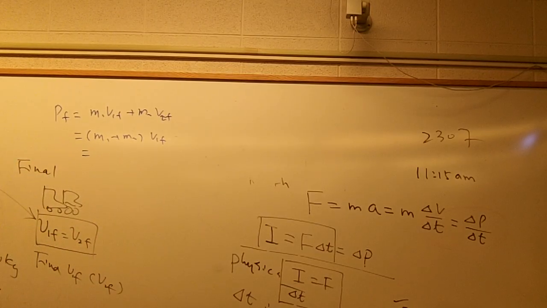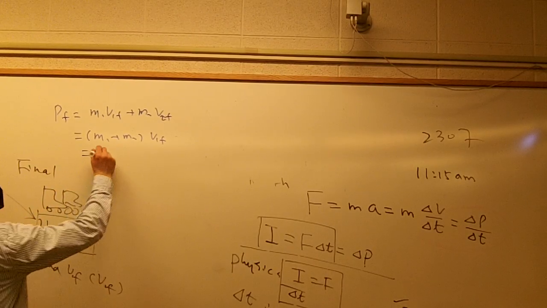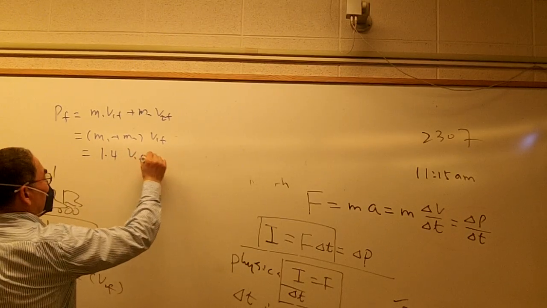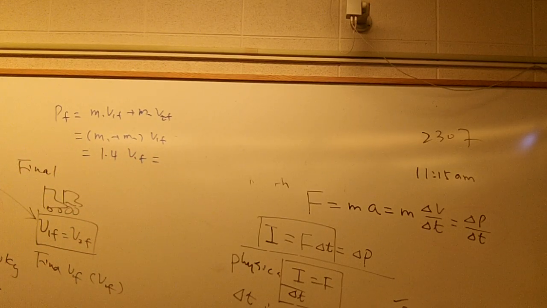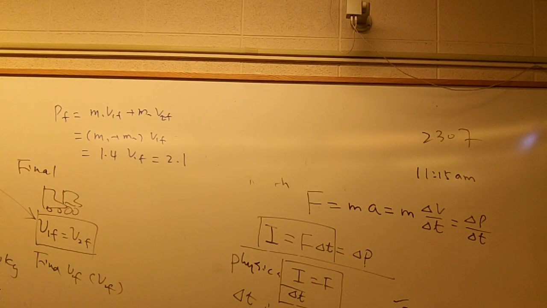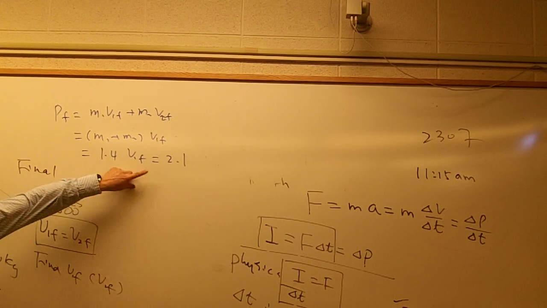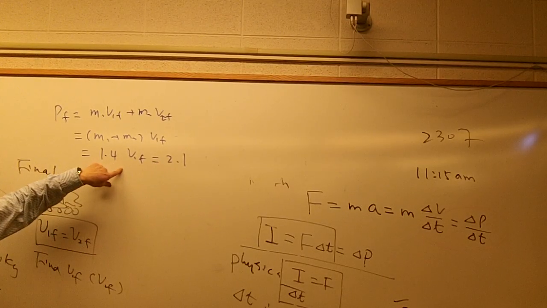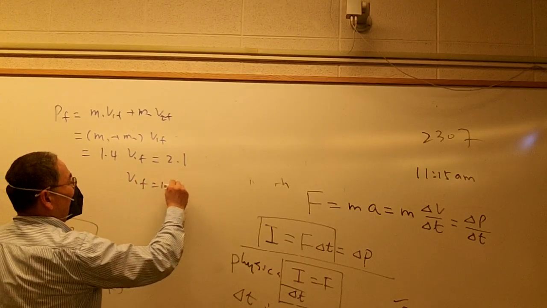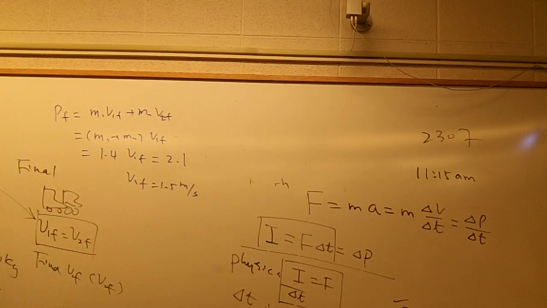Now these two masses are exactly the same, so 0.7 plus 0.7, I got 1.4, times V1f. This whole calculation equals 2.1. Folks, could you do me a favor? Calculate V1f equals 2.1 divided by 1.4. Okay, V1f equals 1.5 meters per second. So that's how to do the calculation.